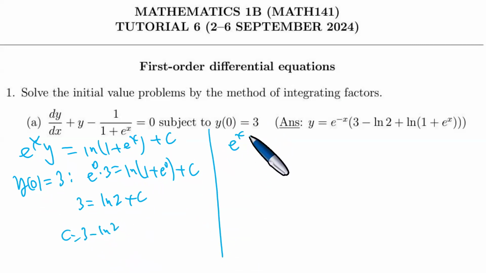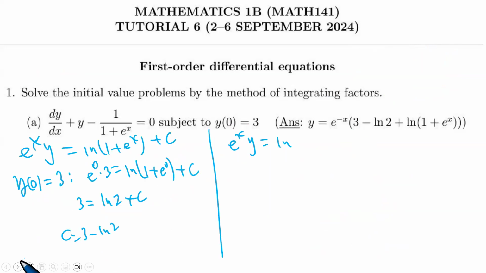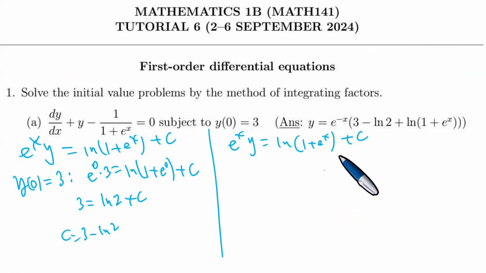Yeah, so you come to this point. This one is C, so you put plus C there.